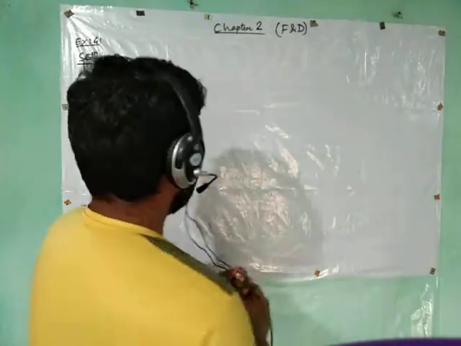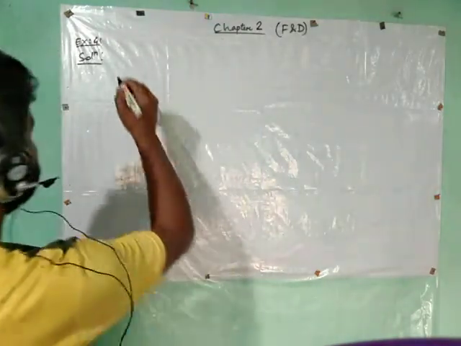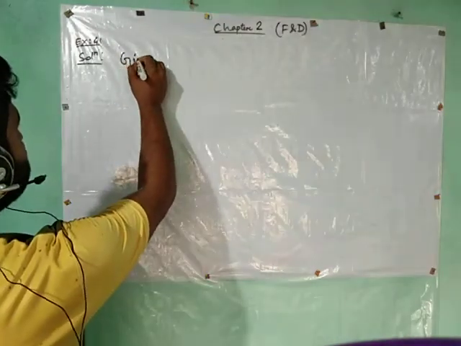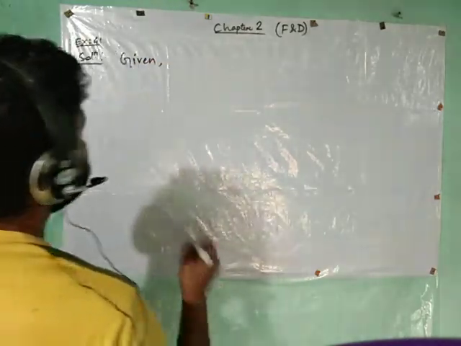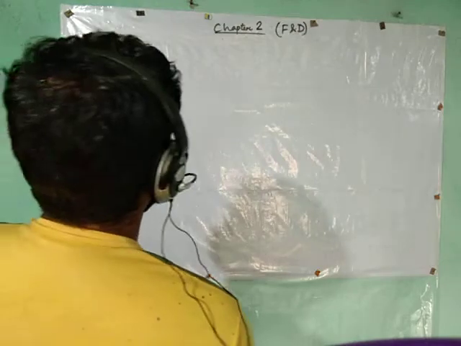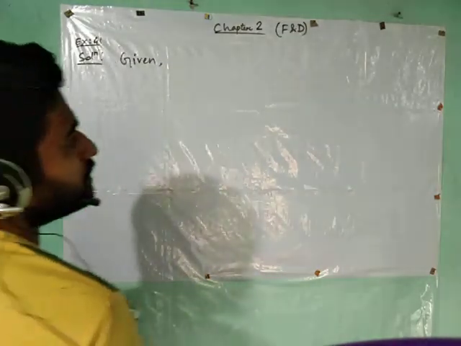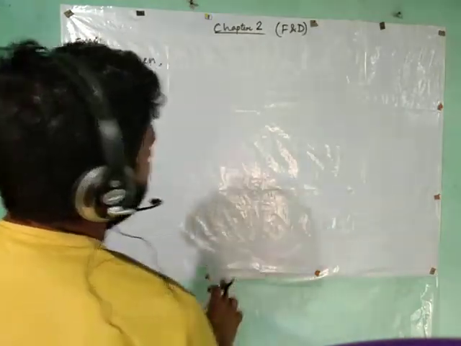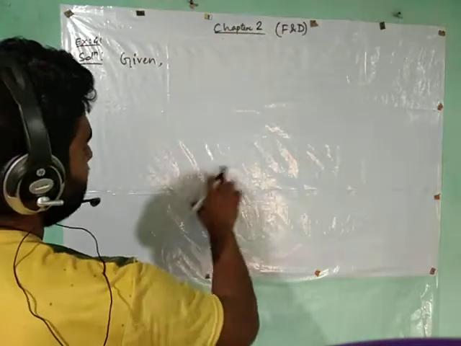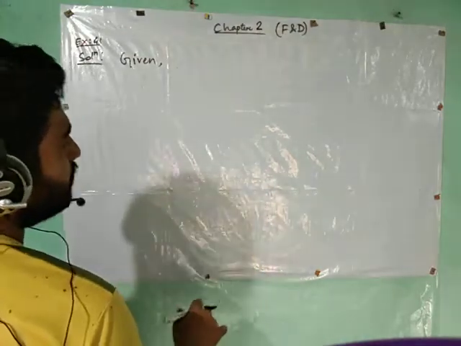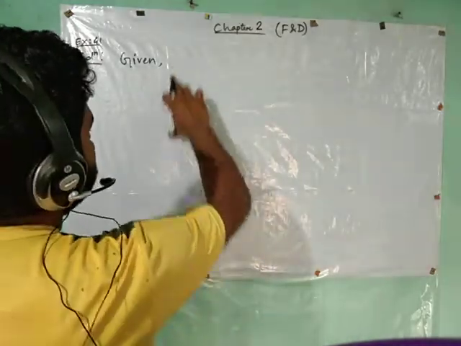Now how do we start our question? Look here. I have always told you that the given part should be written in every question, which provides you some step marking. If some of the steps you have made mistakes in further approach, at least you will get some marks for the previous steps.